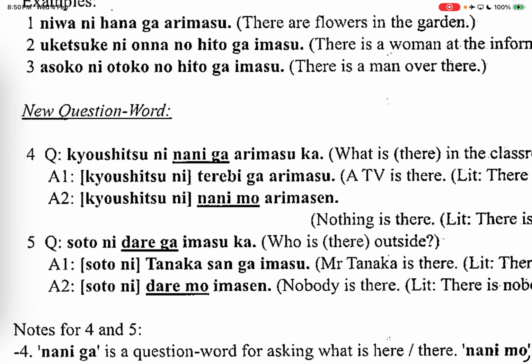Remember first lesson? 私たち. So man will be 男の人たち. Remember? Also must put the no hito. Because to make it plural is just add the たち. Hito alone sounds like one person. That's why 人たち, 男的人们. Get it?